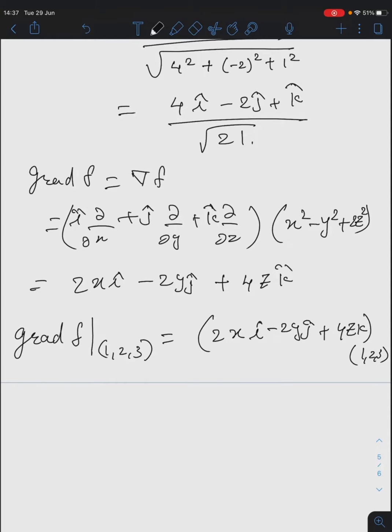So replace x with 1, y with 2, z with 3. So when you replace x with 1, you will get 2i, minus y with 2, so you will get 4j, and z with 3 means 12k you will get. Is it? Yes, ma'am.